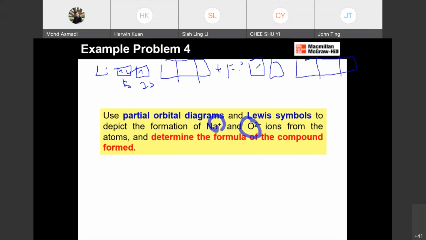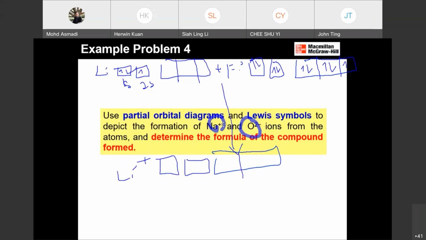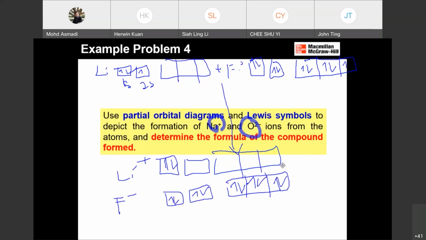Okay, to form lithium fluoride, so lithium plus F. This is example, but you have to do for sodium oxide. This one is lithium fluoride.